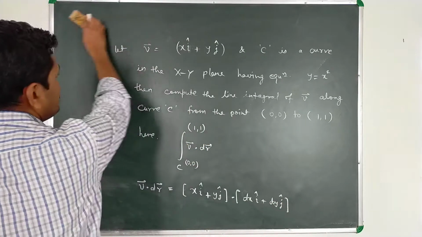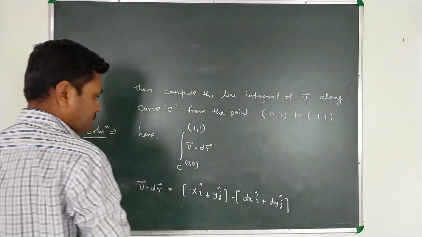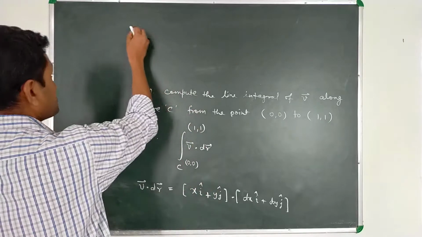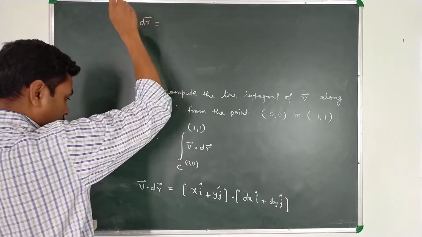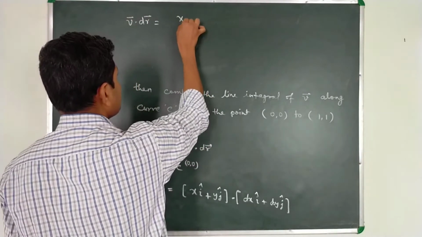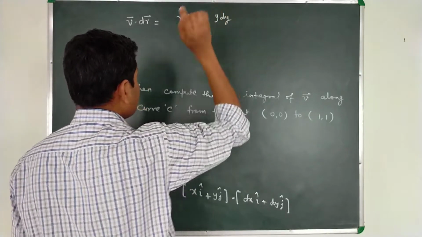So finally what we are getting here is v dot dr is equal to x dx plus y dy.